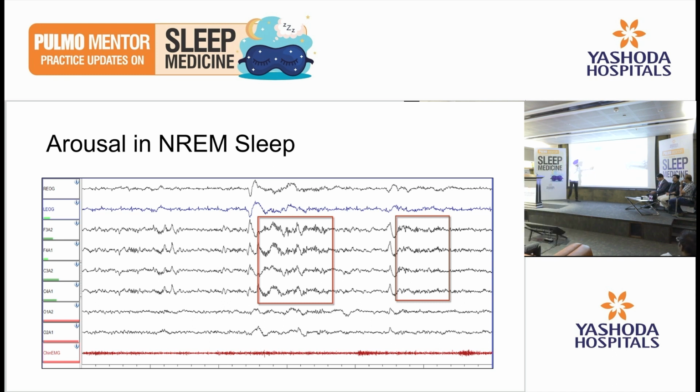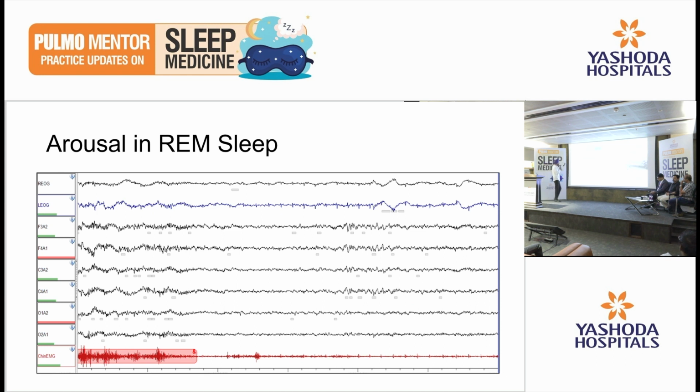So this frequency change that happened, this is my time scale over here, it is lasting for 5 seconds. This sudden change in EEG frequency lasting for 5 seconds, and before this I have got 10 seconds of stable sleep. This is how an arousal looks in non-REM sleep.